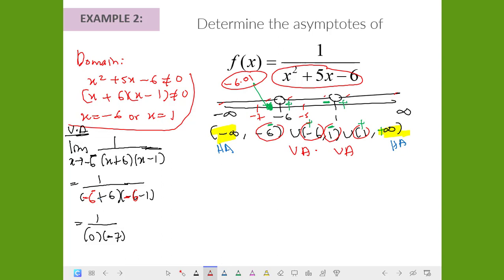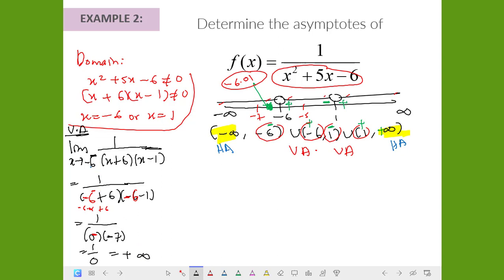Take this one, negative 6.01 plus 6. This one is bigger than this, so 0 is just negative. So negative times negative is positive, 1 over 0. That is positive infinity.